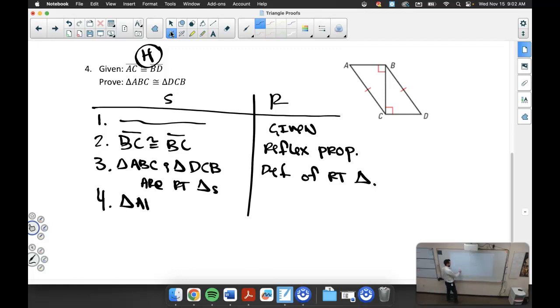Triangle ABC is congruent to triangle DCB by hypotenuse leg. Sorry, and this was our leg for both triangles. Notice on these, you do need to tell me this at some point.